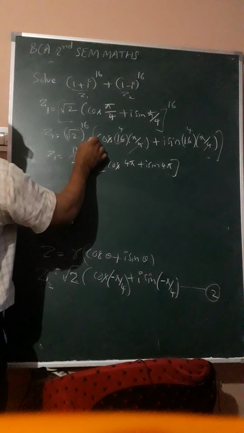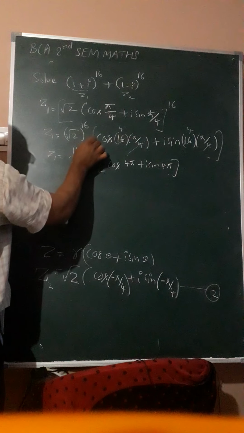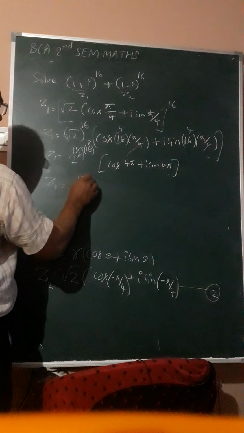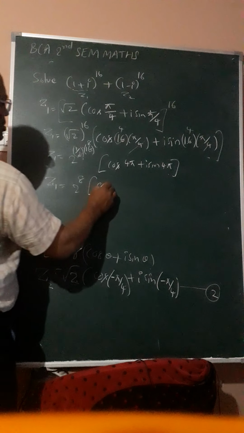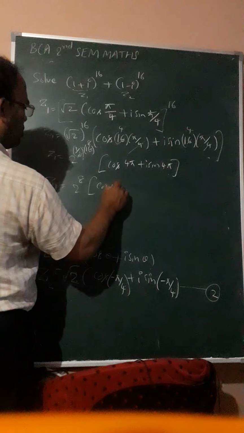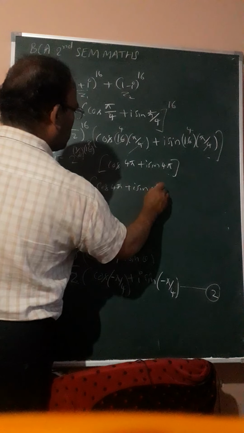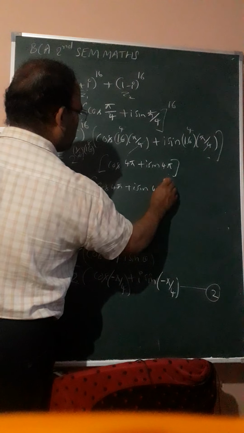So Z1 is equal to 2 to the power of 8 times cos 4 pi plus i sin 4 pi.